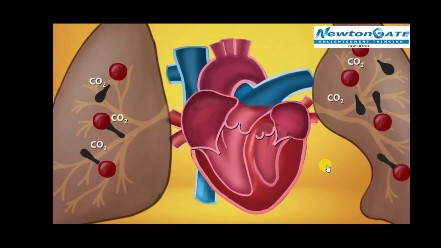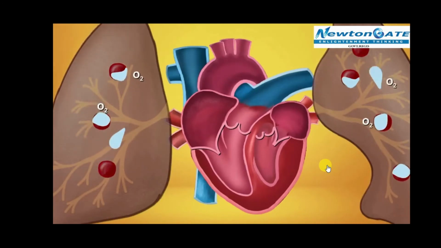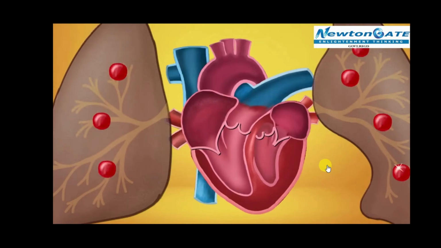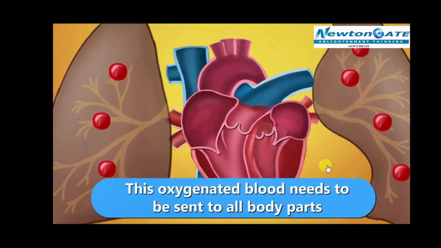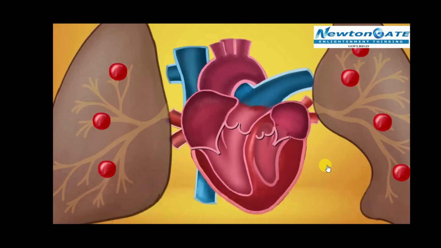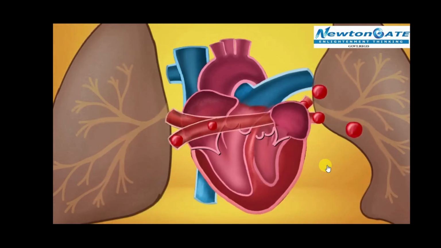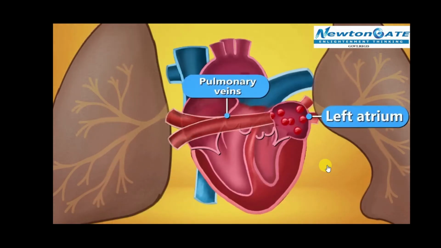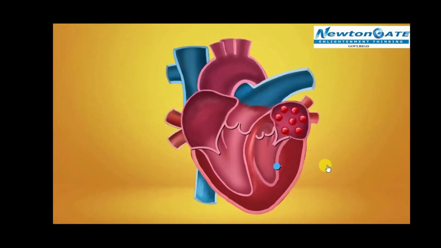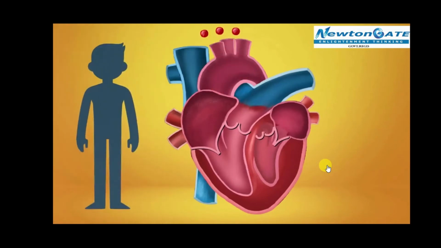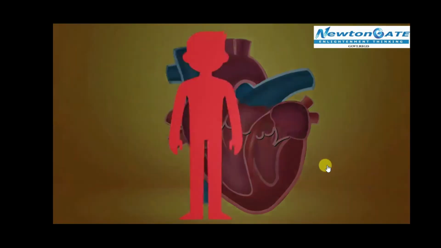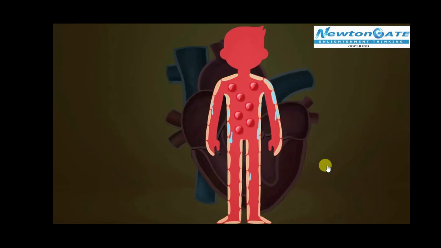In the lungs, deoxygenated blood gets converted into oxygenated blood and it needs to be sent to all parts of the body. So, it again returns to the left atrium through the pulmonary vein. From the pulmonary vein, it gets transferred to the left ventricle and from the left ventricle through the aorta, it gets transferred to the entire body.